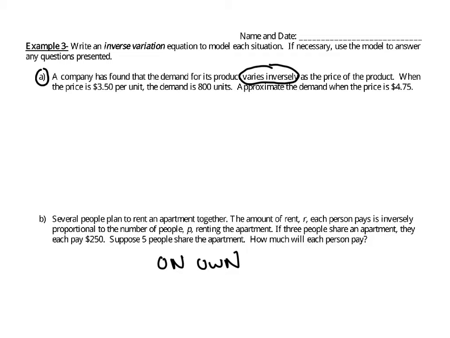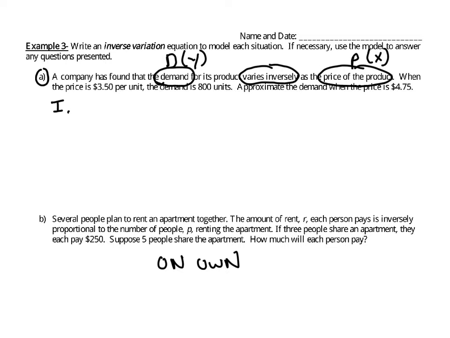So I've started by identifying "varies inversely," and remember that there are two variables, one coming before the "varies inversely" and one coming after. So I'm going to label these P for price and D for demand. And yes, as you may suspect, D is the same thing as y, and P would be my independent variable.